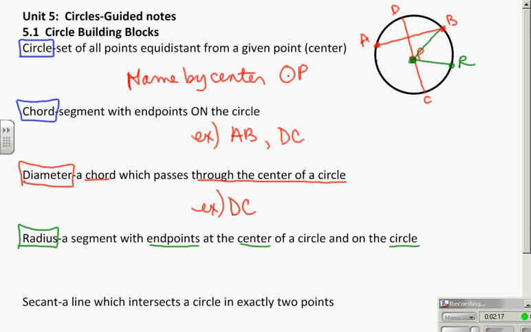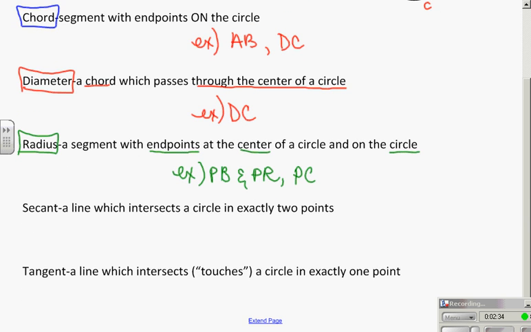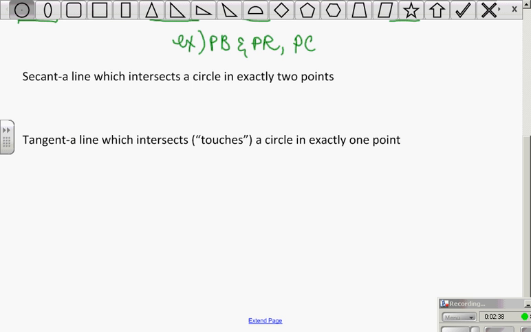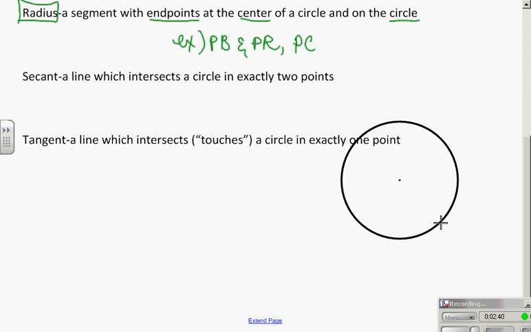So from the center out, from the center out. Okay, so for example, PB and PR, PC are all radii.